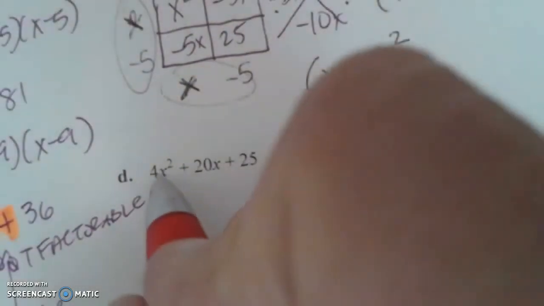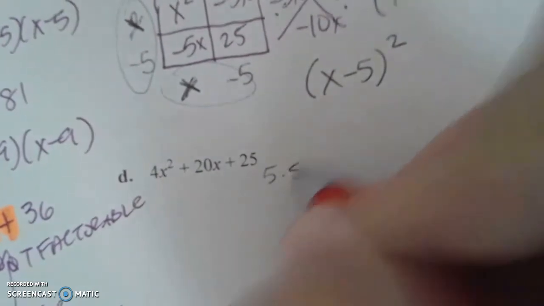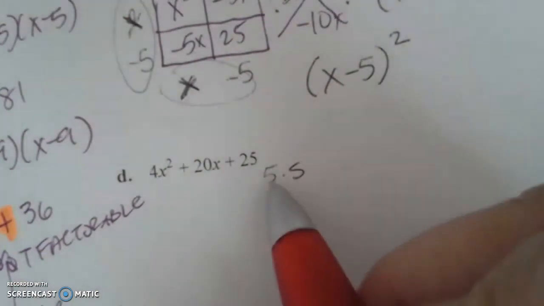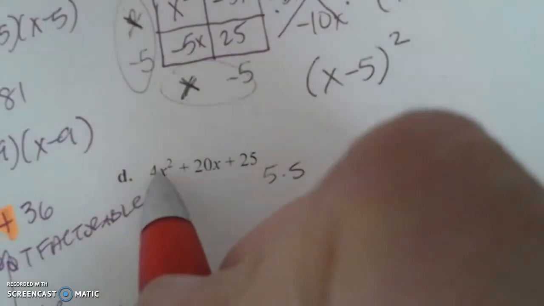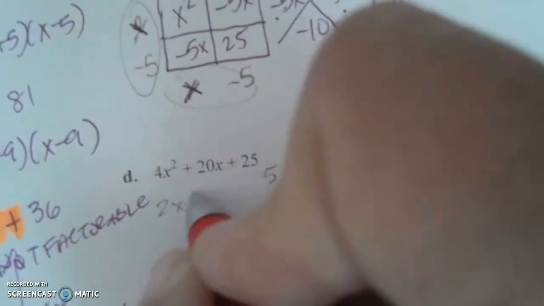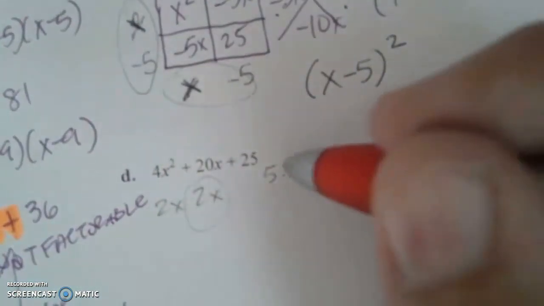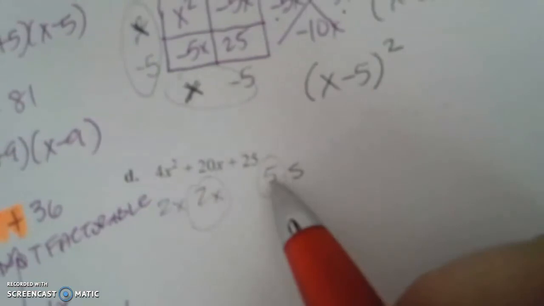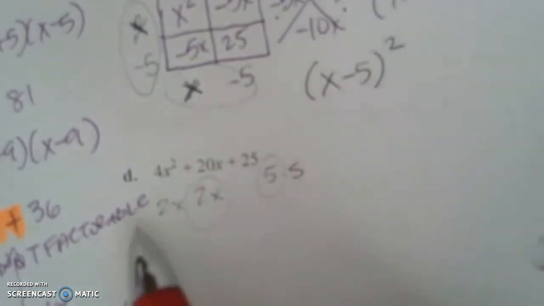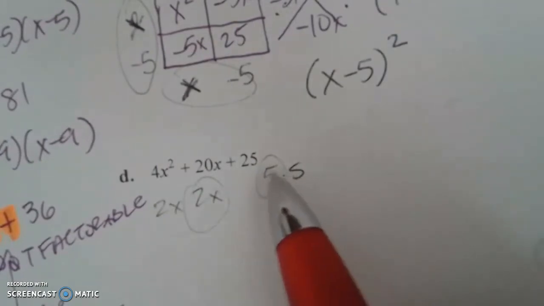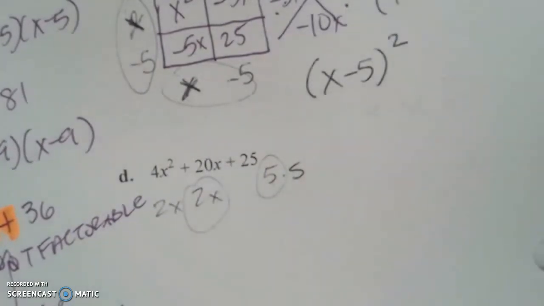So this, again, we know that this is 5 and 5. 25 is a perfect square, 5 times 5. 4x squared is a perfect square because of 2x and 2x. Well, what if I multiplied a 2 times a 5? 2 times 5 is 10. And then this 2 times 5 is also 10x. And 10x plus 10x would be 20x.